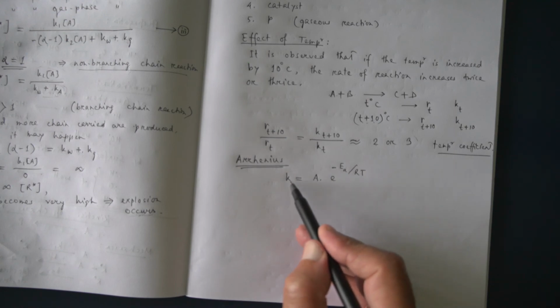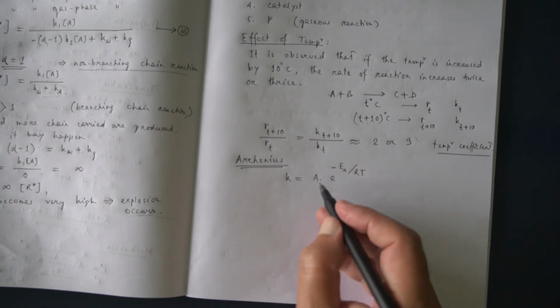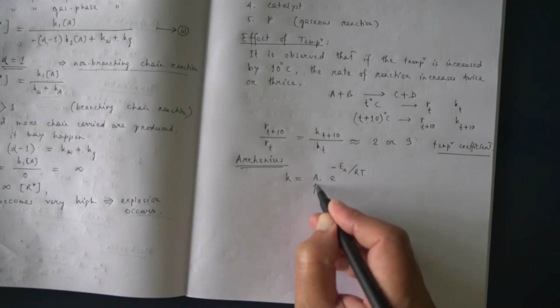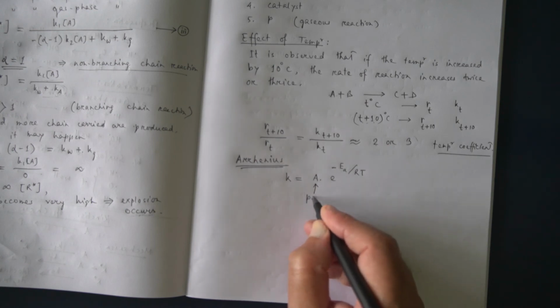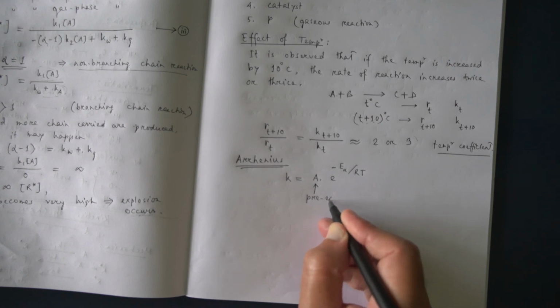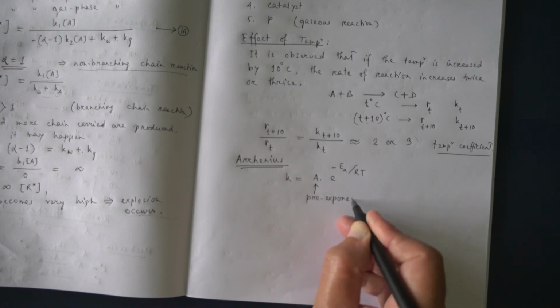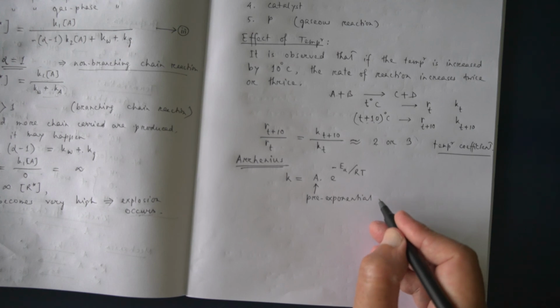Okay, here K is the rate constant of the reaction. A is called the pre-exponential factor or frequency factor.